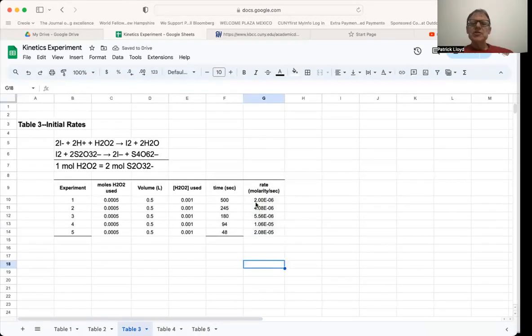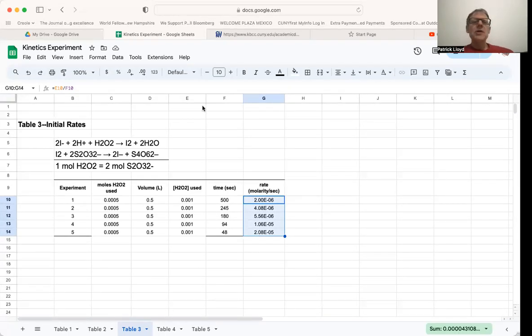What this is saying is 2.00 times 10 to the minus 6. Now, those have 3 significant figures, which is probably about right. If you wanted more significant figures, you could do this, and it'll just change the way it rounds for the display.